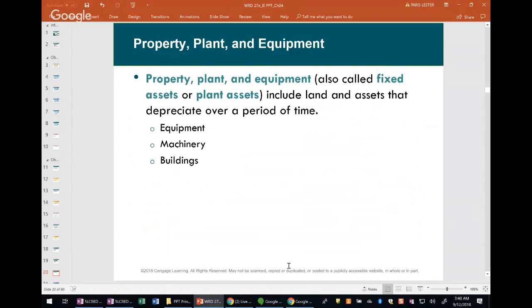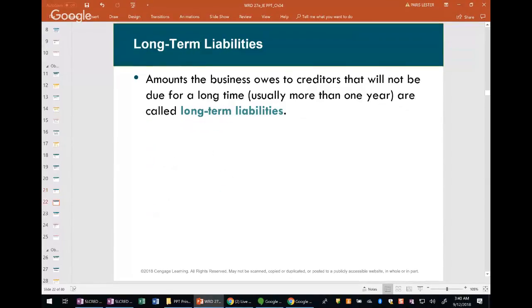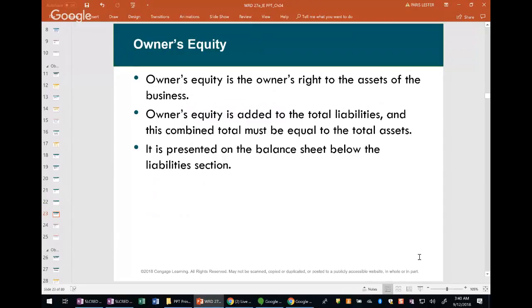That's what you use to produce an income. Examples of liabilities all have payable after them, except unearned fees. More than a year is your long-term liabilities.